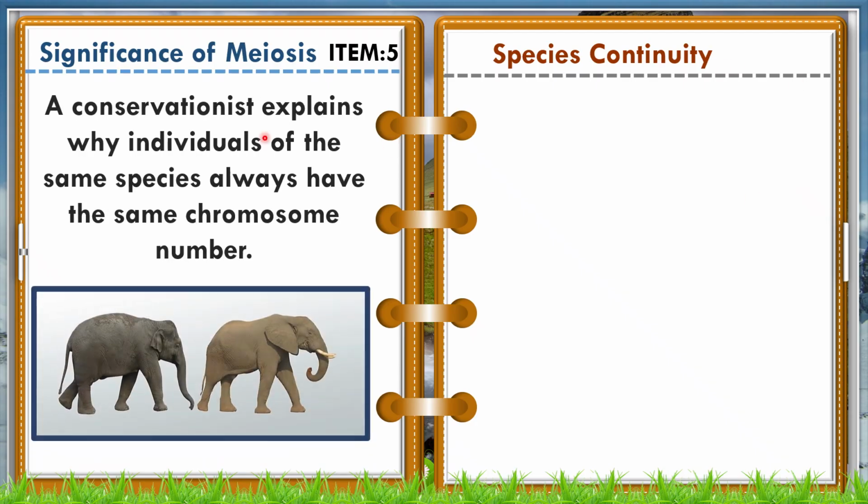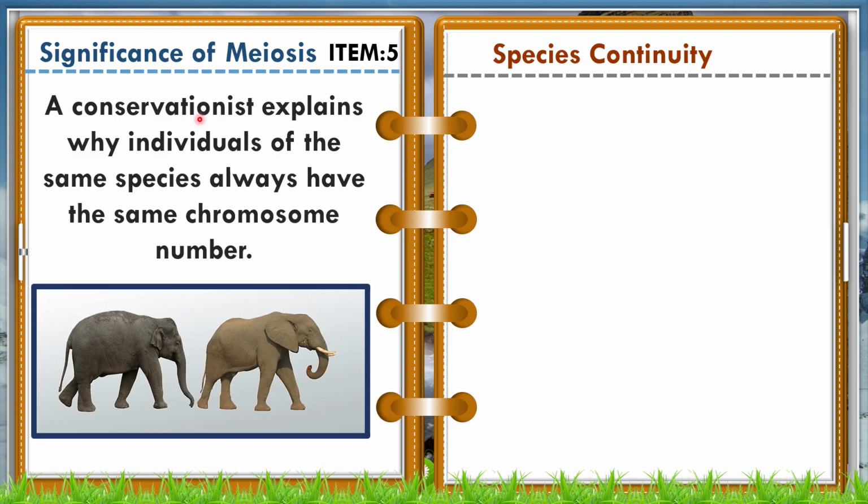We are still on significance of meiosis, item 5. This time we want to look at species continuity. A conservationist explains why individuals of the same species always have the same chromosome number.